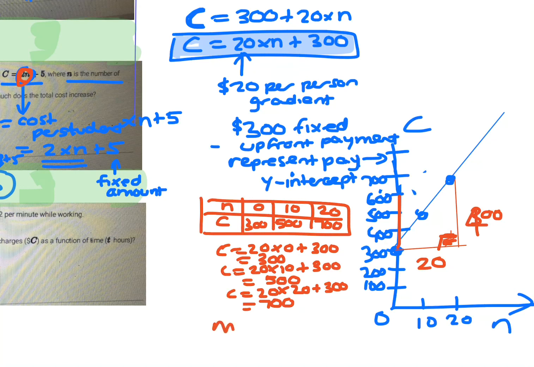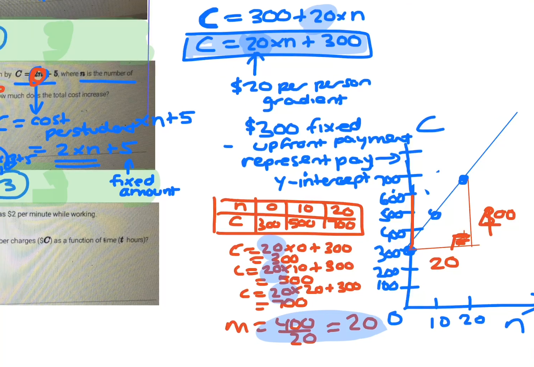If you looked at the gradient, the gradient is 400 over 20, which equals 20, and you notice that actually matches in this equation. It will match this 20 that I'm timesing by each time in the formula. So it's that 20.